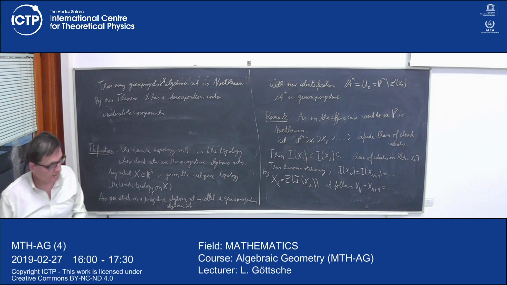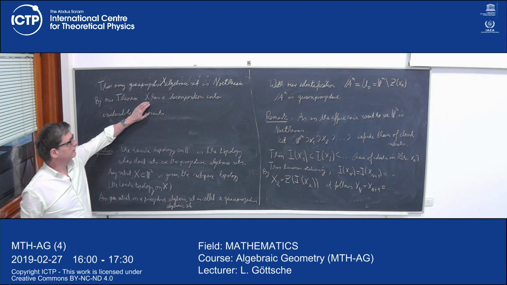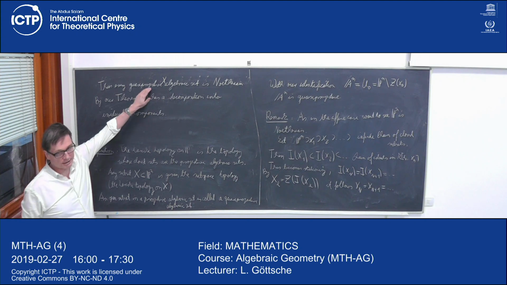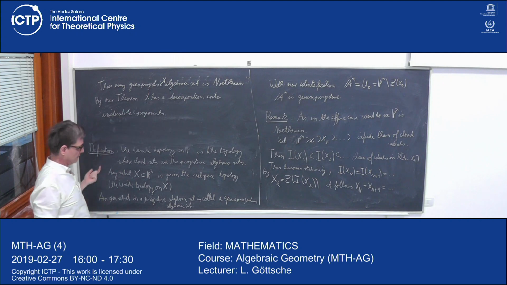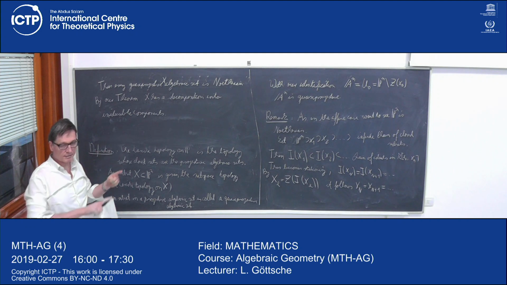What we mean by that is clear. X can, in a unique way, be written as a finite union of irreducible quasi-projective algebraic sets, and this decomposition is unique if I put the condition that none of them is contained in another.